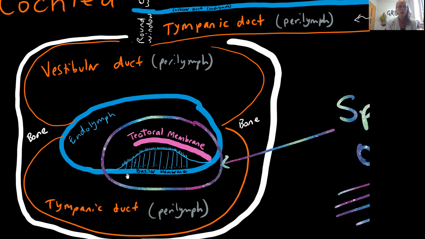The spiral organ, or organ of Corti. Okay. Now notice you have a tectorial membrane that's sitting on top, and it's not touching your epithelial cells here. These are hair cells. These hair cells have stereocilia sticking up, which we're going to be talking about more in a minute.